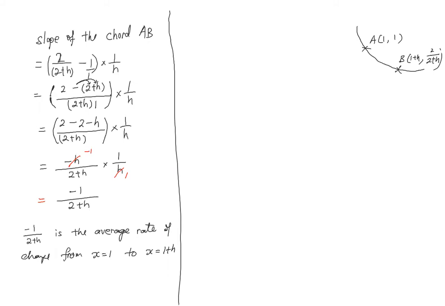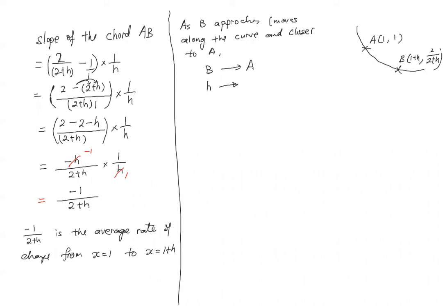Now if I write this statement: as B approaches, or I will say moves along the curve, closer to A. So I will say B approaches A. What happened to the value of h?